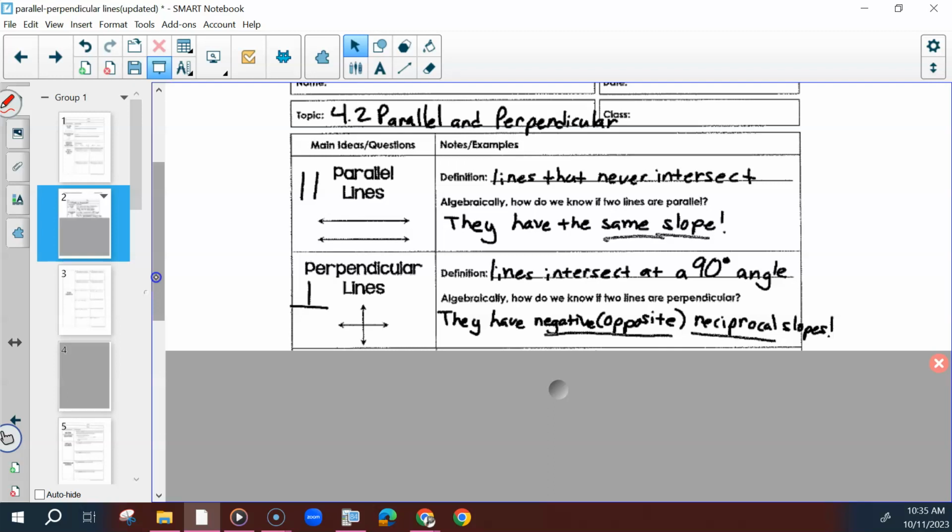Algebraically, we know two lines are parallel if they have the same slope. You may or may not remember from geometry that this is the symbol for parallel lines, the two lines. So instead of writing out the word parallel, if you want to put those two lines, you can do that.